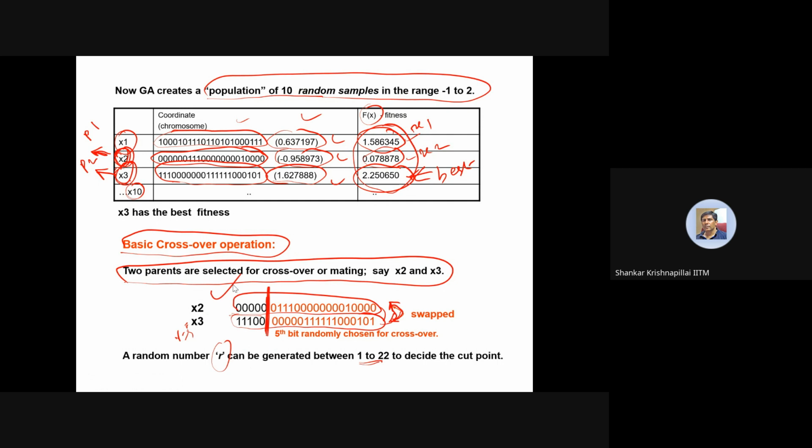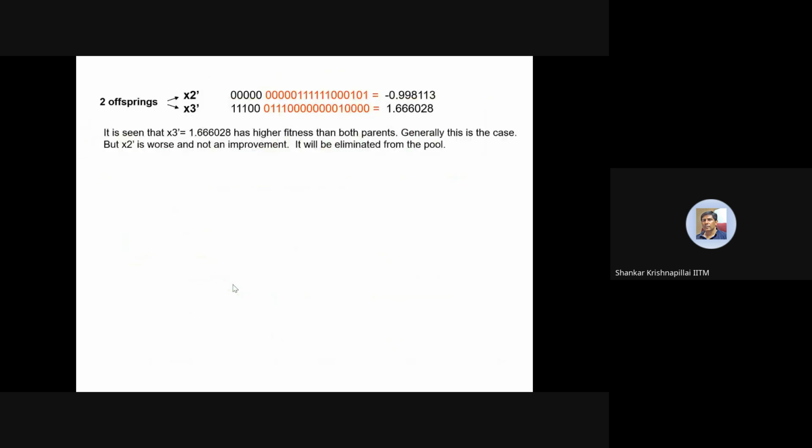Now let us see what the new values are. The tails have been swapped, so we get two children, x2 apostrophe and x3 apostrophe. You can see that x3 apostrophe, that is 1.66028, has higher fitness than both parents. Its objective function value is higher than both parents.